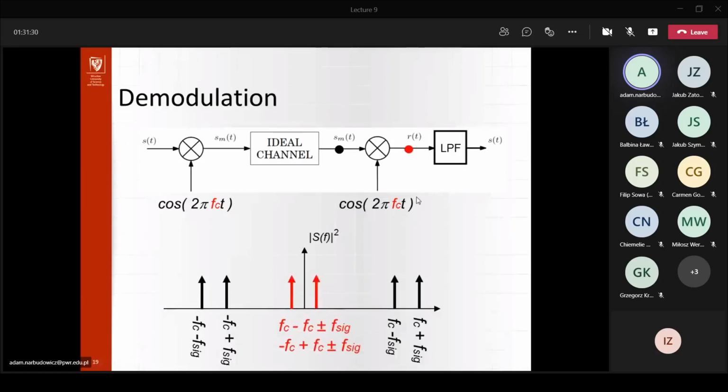So at the end, we get our F signal, of course, plus and minus, with FC minus FC, or FC plus FC, plus minus F signal. F signal is what we're trying to recover, right? And at the higher component, we'll have the addition of the two signals, and of course the negative frequencies. So at the end of the day, we have generated quite a lot of signals, a combination of all the sums and differences of possible combinations.